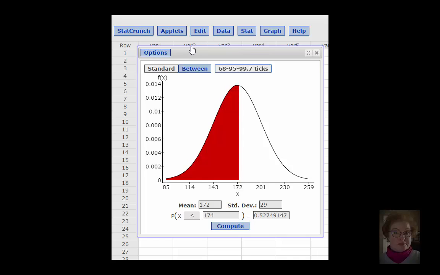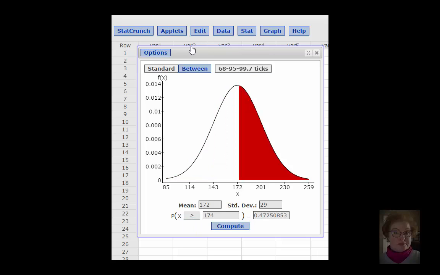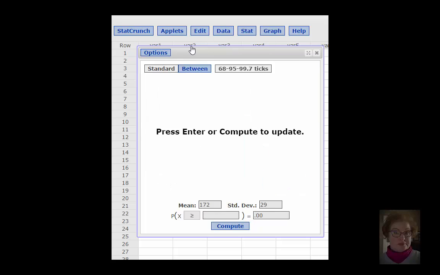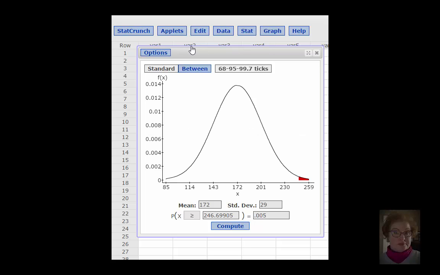Now let's look at the lightest and heaviest. So I want to look at the lightest and heaviest, so I want to make my x, let's do greater than, and let me make my probability 0.5%, which would be 0.005 as my probability, and I'm going to click compute, and that's going to be 246.69 pounds, which is pretty darn close to what they got, and rounded to the nearest pound, it's exactly the same.